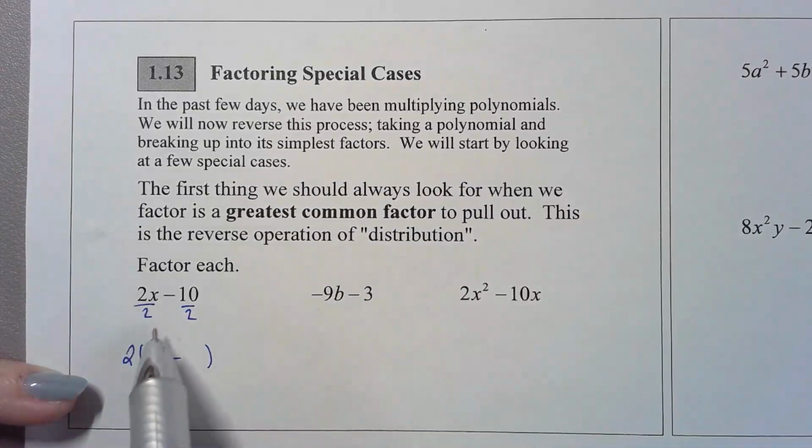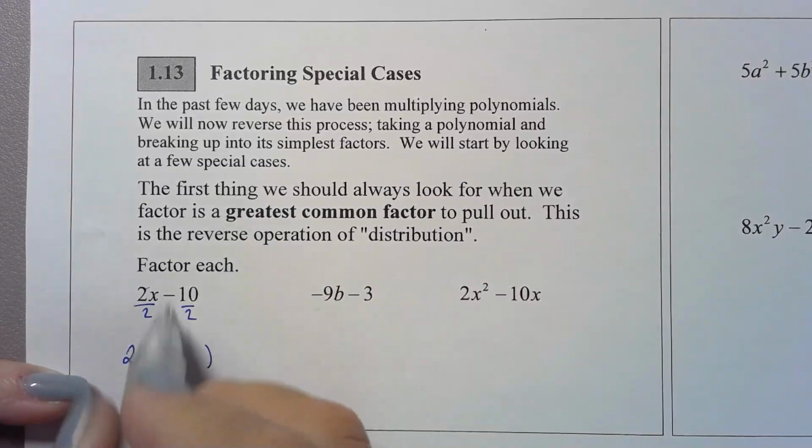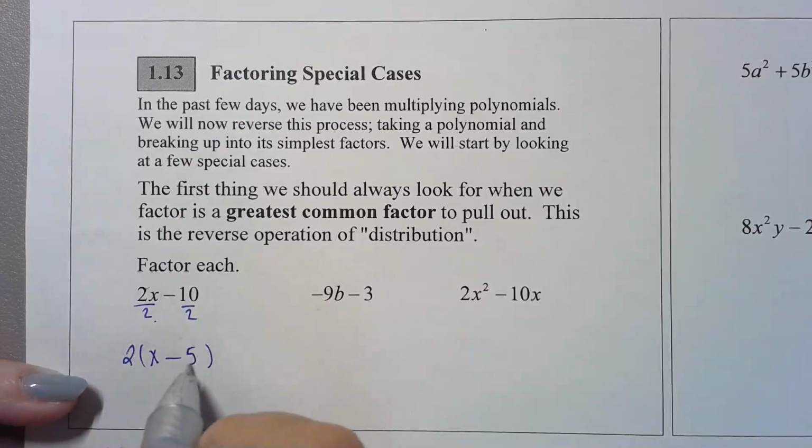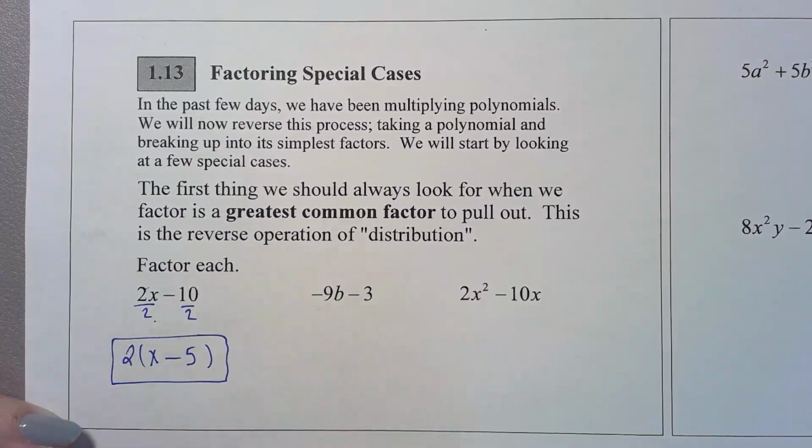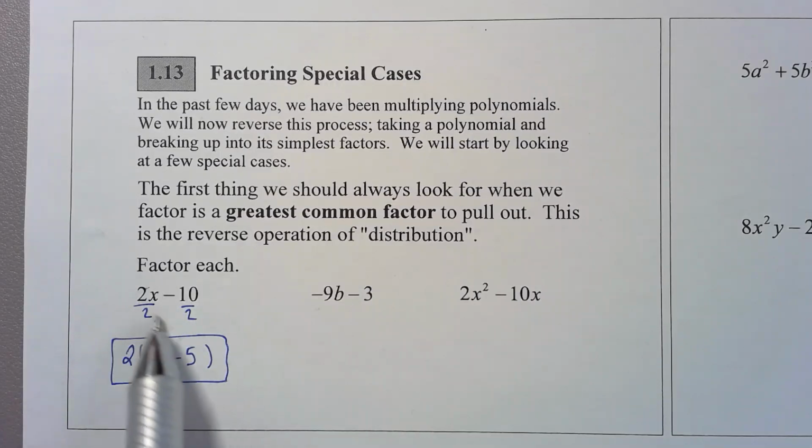I want to divide both of these by 2. 2x divided by 2 is 1x minus, and 10 divided by 2 is 5. So we are undistributing. We are pulling the common factor out in front. And it's important to leave it there. We don't just want to throw it away because, well, it's important. We don't want to change the value of the expression, we're just changing the way it looks.